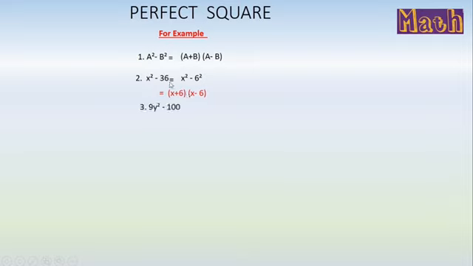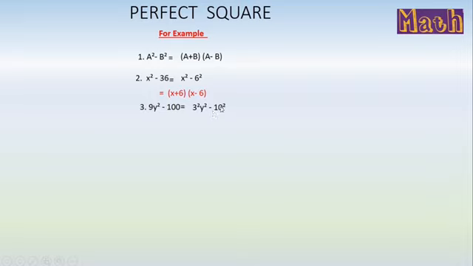Let's take another practical example. I have 9y squared minus 100. This 9 here is a perfect square, and 100 is a perfect square, because 3 times 3 will give us 9, and 100 is 10 times 10. So the 9 gives us 3 to the power 2, and I maintain my y squared minus 10 to the power 2.